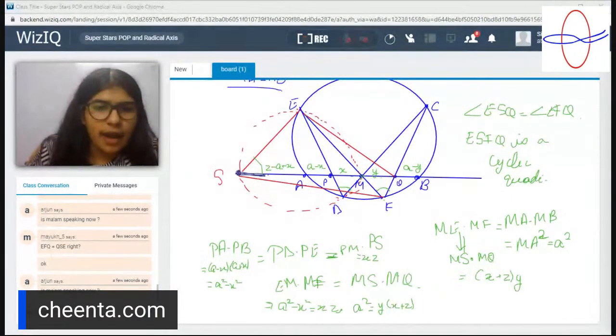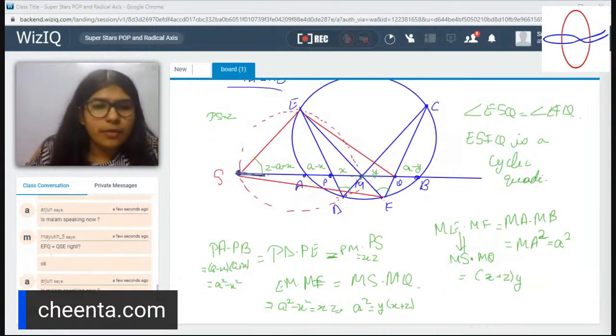And MS into MQ is basically, I am taking PS as Z, okay. So MS becomes Z plus X and MQ is Y. So that becomes X plus Z into Y equals A squared, right?